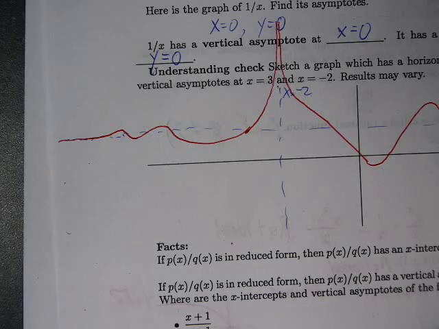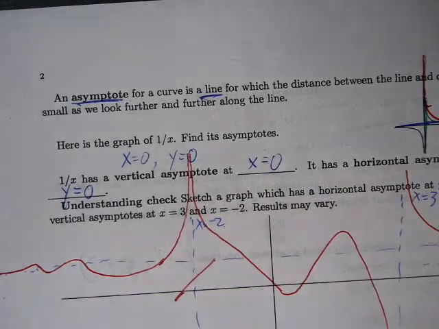How many people think that? So I certainly haven't crossed any vertical asymptotes. And indeed, you can't cross a vertical asymptote. But the reason for that is pretty small. It's just the vertical line test. Because what if I had exactly this function, but I also added that to it?